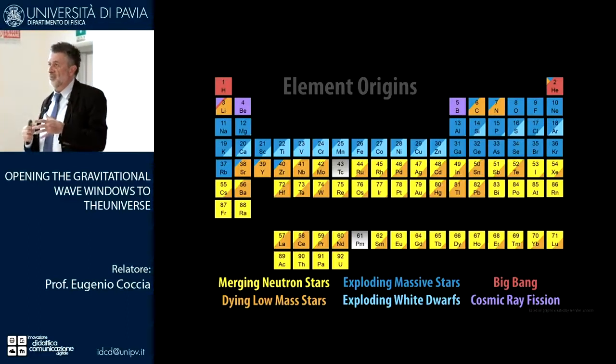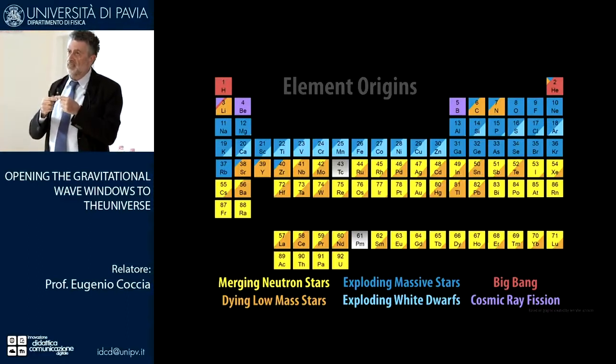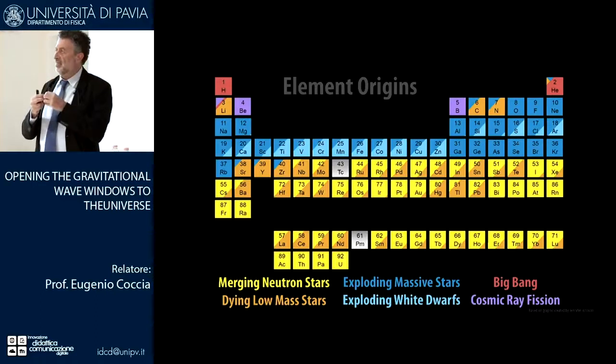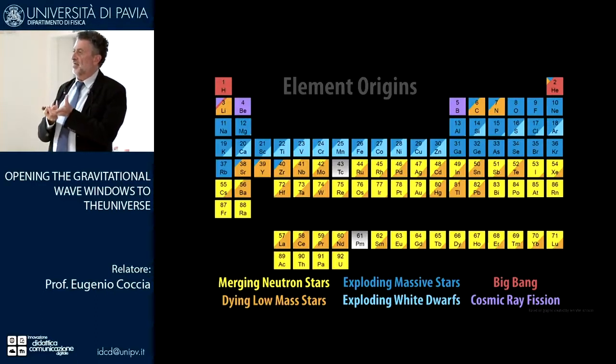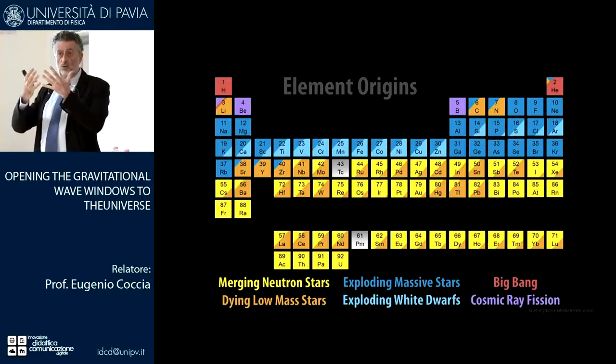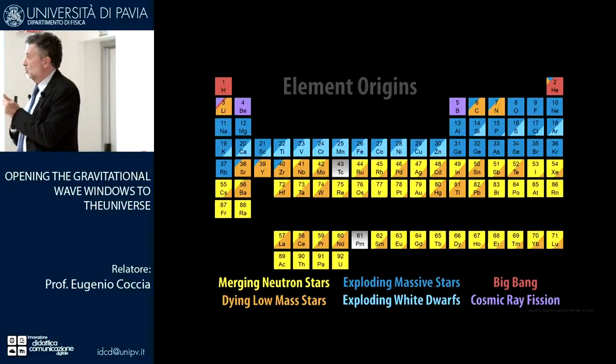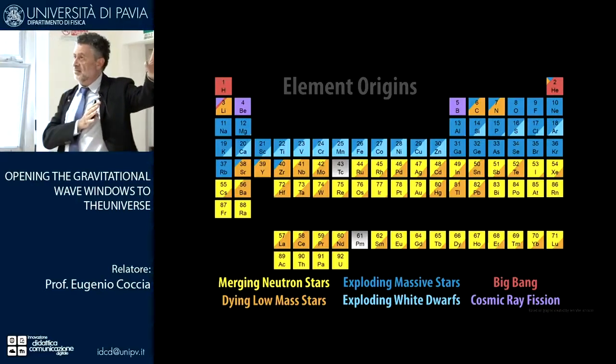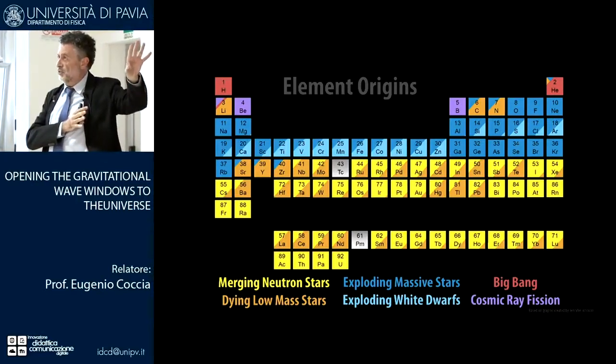Now we know that the merging of two neutron stars is what really builds these heavier elements. We know that because of the optical telescope looking at the source that we know from gravitational waves is two neutron stars merging.